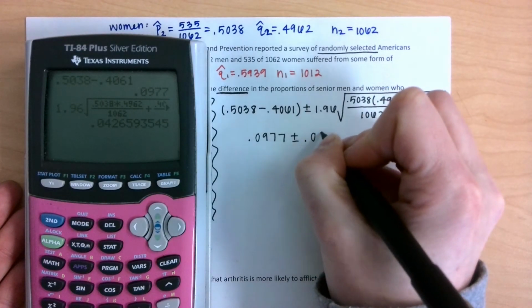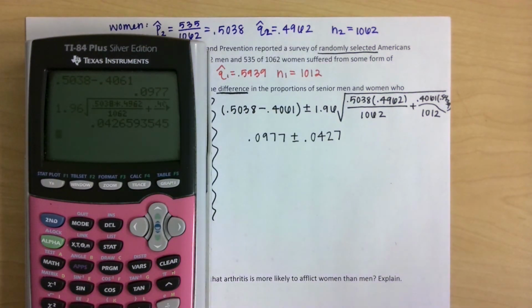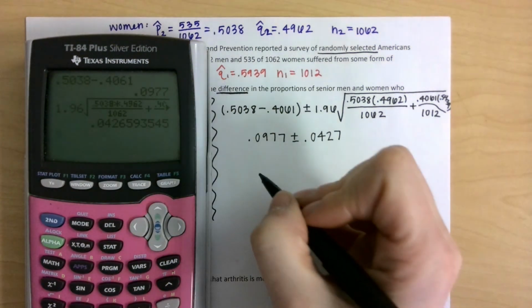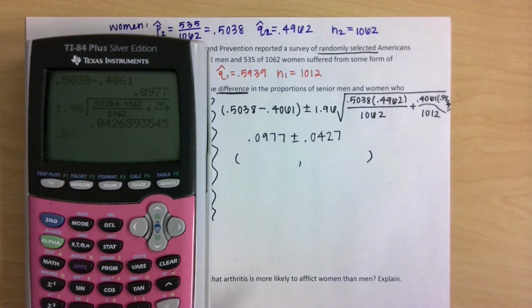Should get 0.0427 after some rounding. We'll add and subtract.